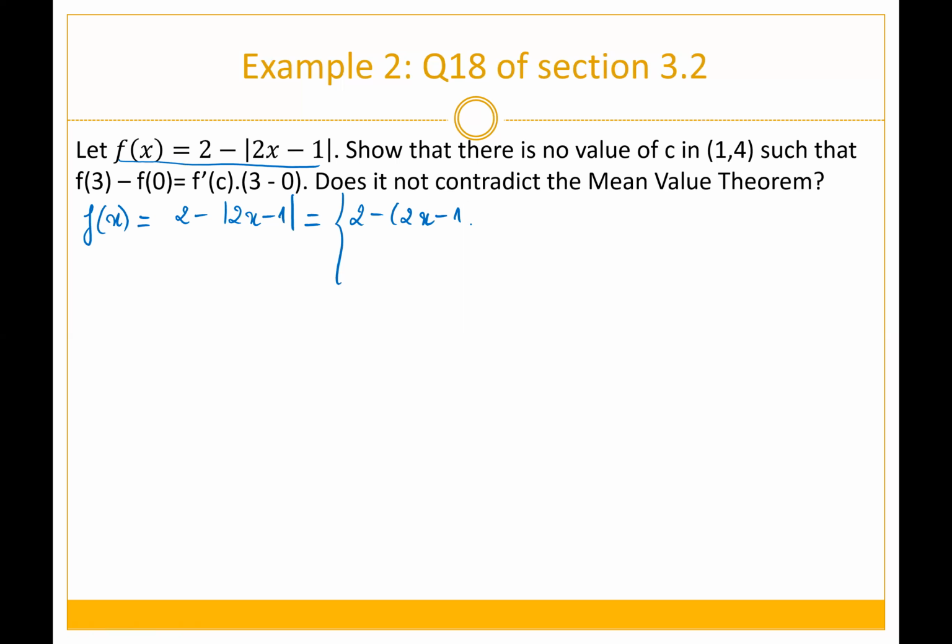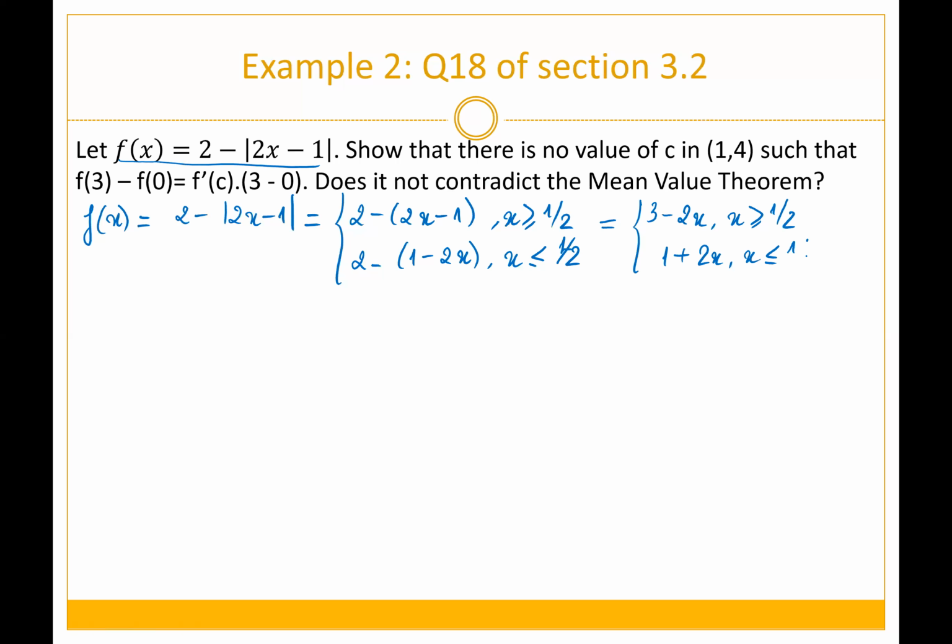The absolute value is going to equal itself inside the parentheses if x is bigger than or equal to half, and it's going to equal the negative of itself if x is smaller than or equal to half. So f(x) is 3 minus 2x with x bigger than or equal to half, and then 1 plus 2x if x is smaller than or equal to half.